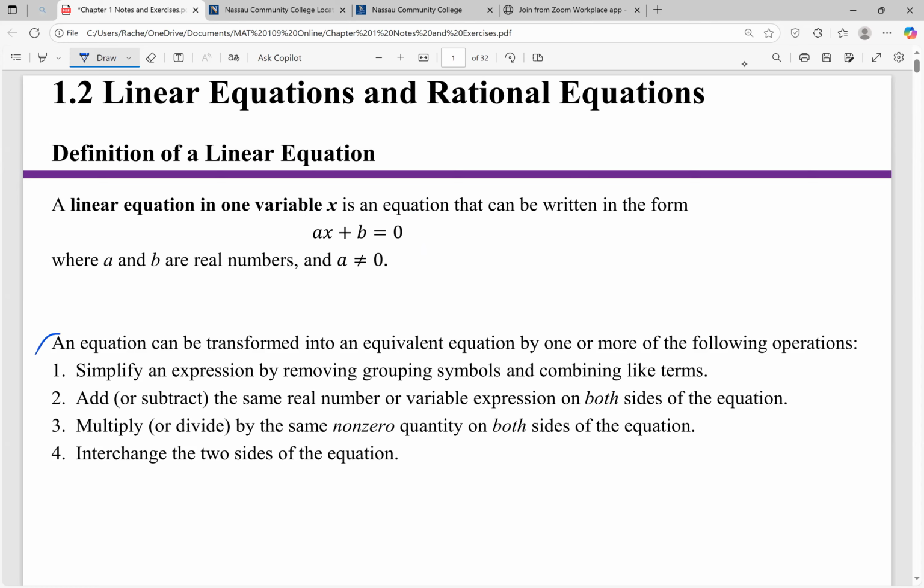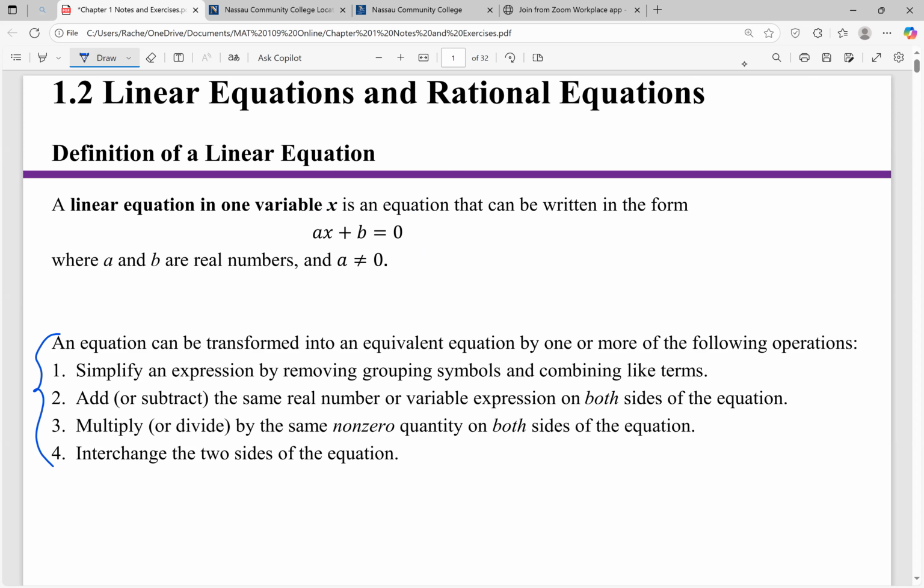So here's a quick list of steps to solving an equation by creating equivalent equations. We can remove grouping symbols and combine like terms if necessary. We could also add or subtract the same real number or variable expression on both sides of the equation.